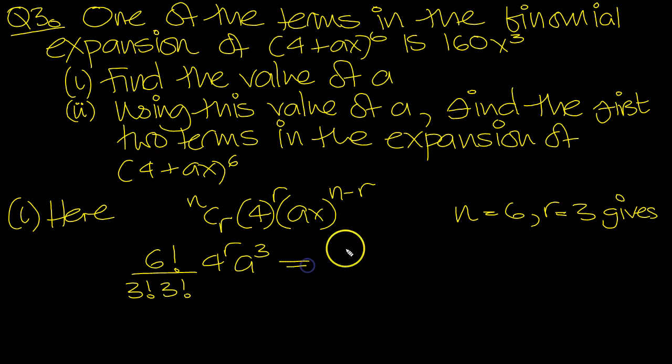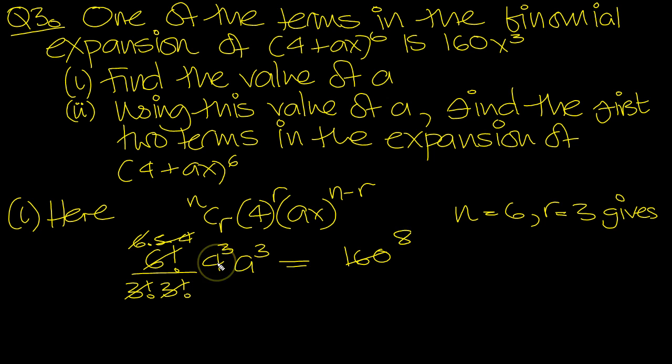So that equals 160, doesn't it? So this will be 6 times 5 times 4. This is 6, so it will cancel with that one. This r is 3, so we can put that in straight away here. And then the 160, there's 20, and that would leave 8.